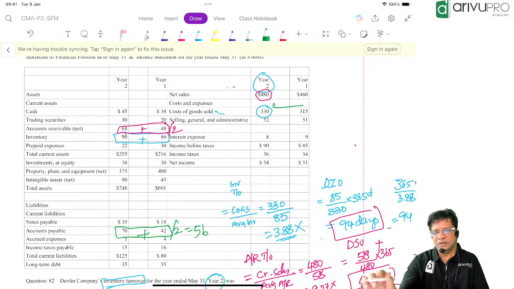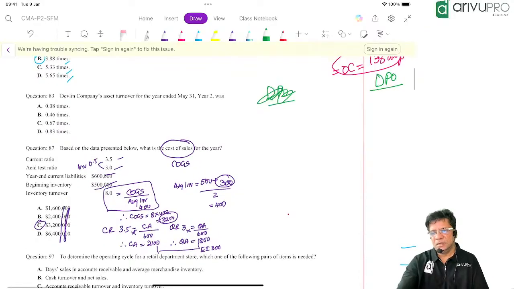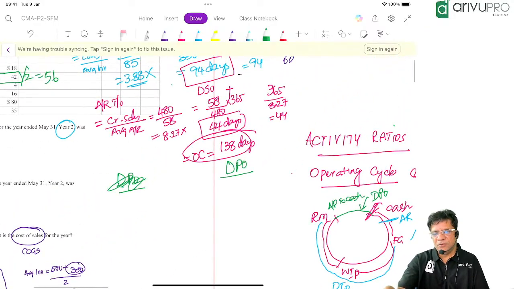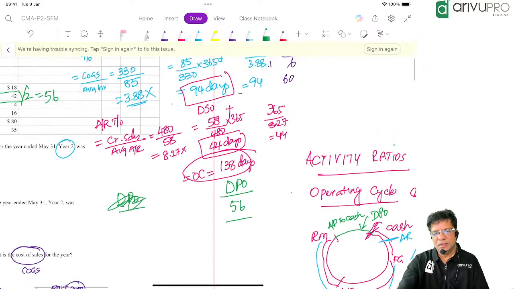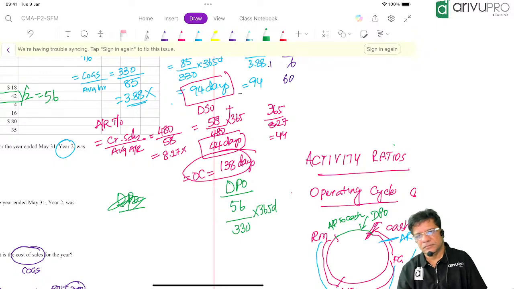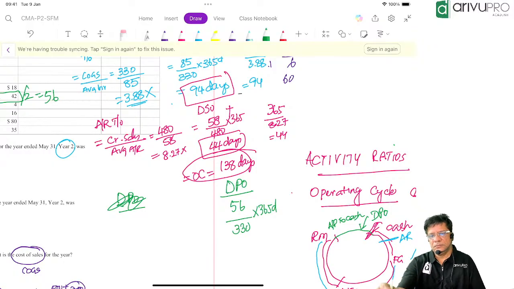Anyway, we'll just take cost. 56 divided by cost of goods sold 330, into 365 days. How much? 61 days.